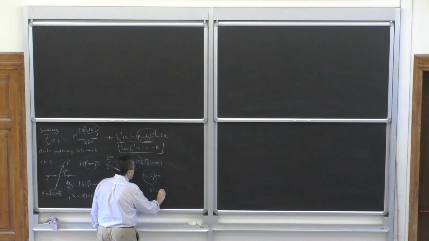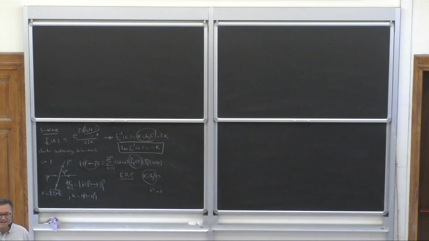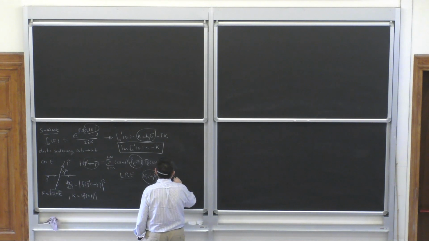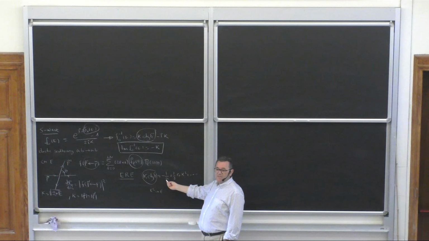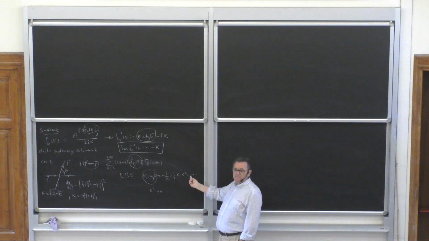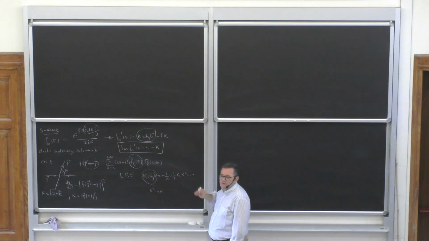That is to say, it's a function of the energy. It does not depend on K, it depends always on K squared. And this is very important because of all the stuff about Riemann sheets. So this object can be written something like that, where this is the scattering length, and this is the effective range, and here you have dots. So it's an expansion.